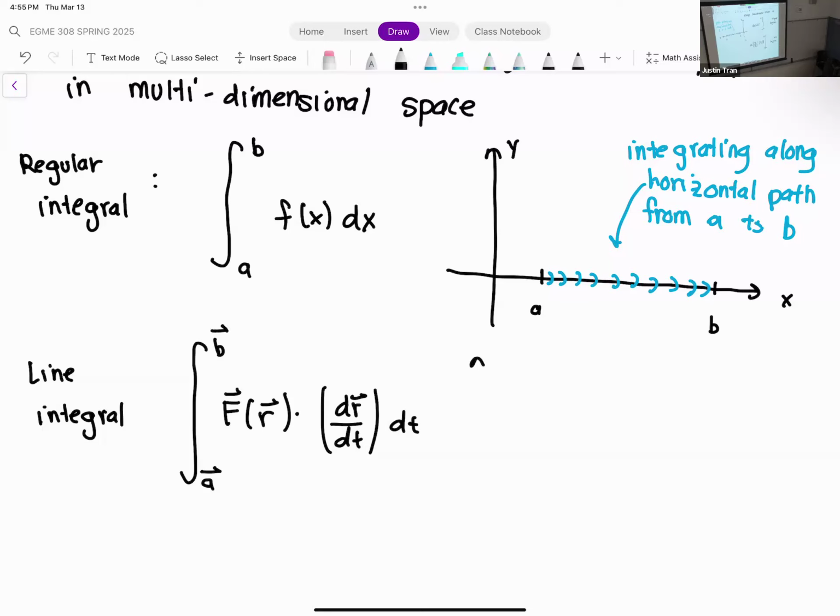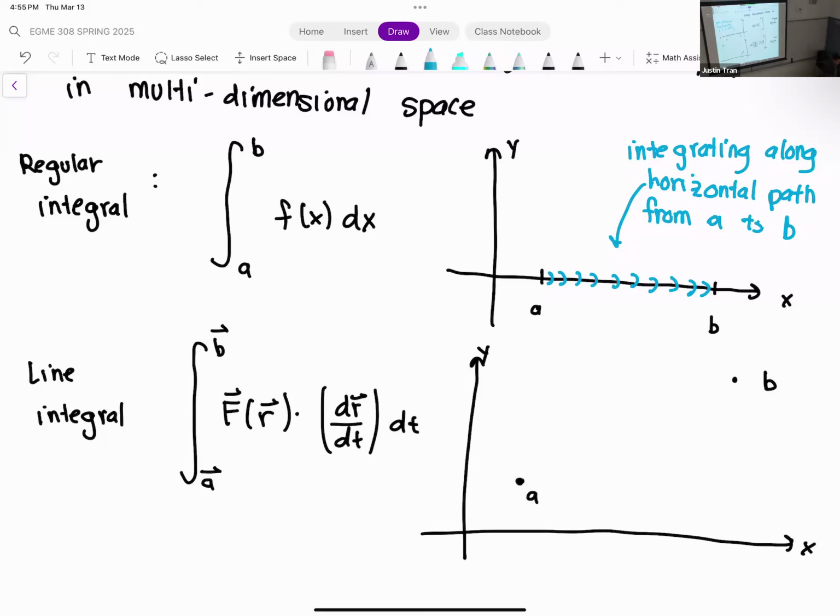Visually it may look something like this. Once again we have our XY axes. Maybe now our location A is right here, and our location B is up here.